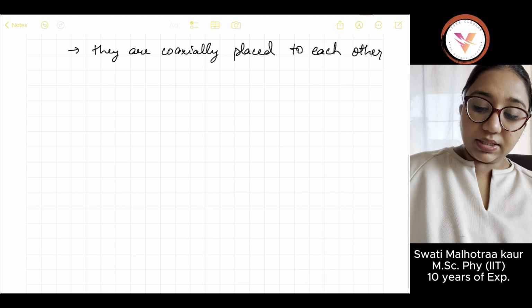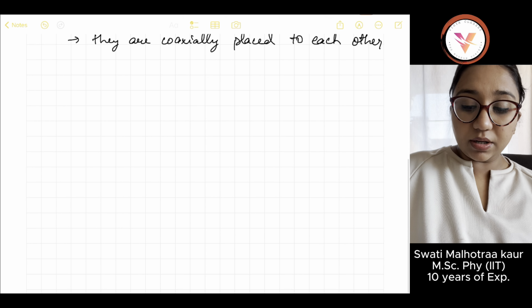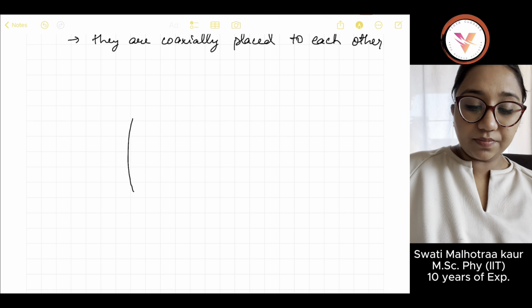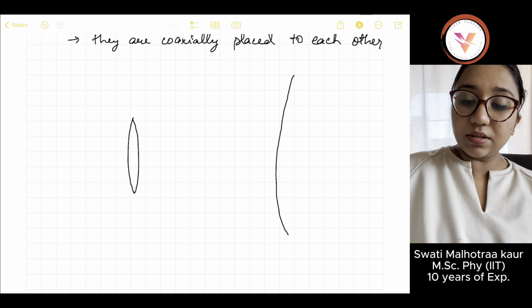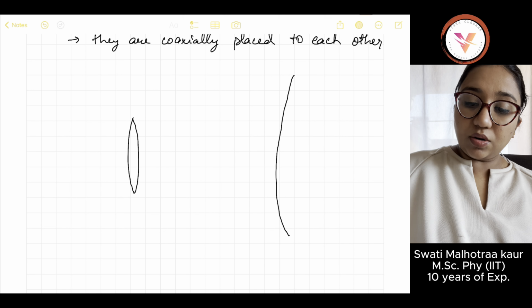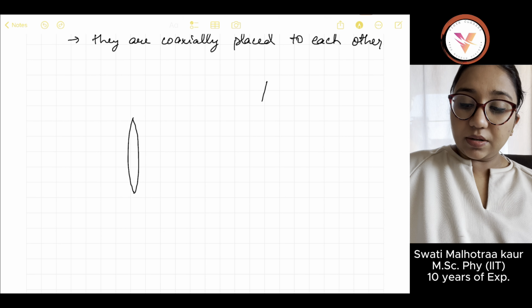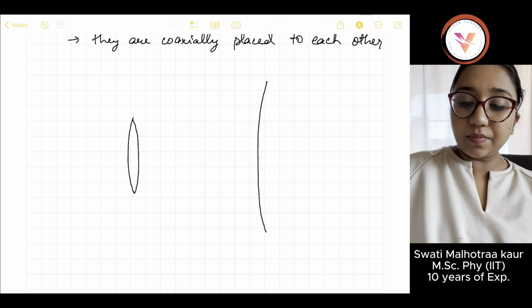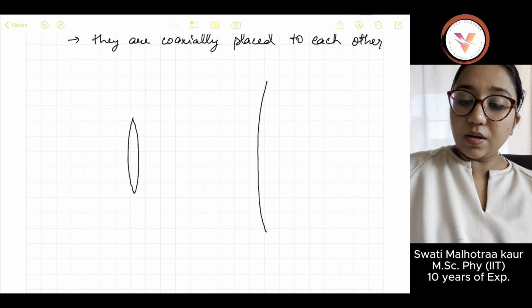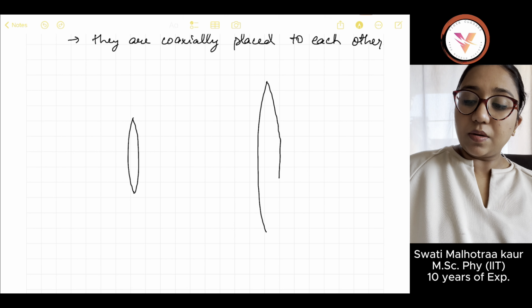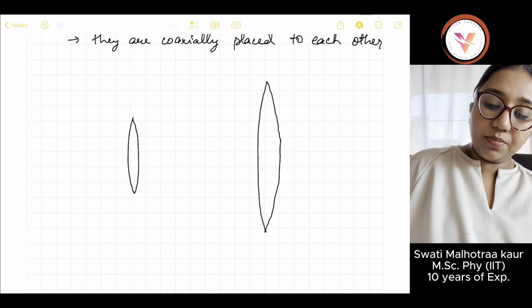So now consider its ray diagram, which is very important. Consider an objective lens and an eyepiece. Eyepiece is definitely bigger than objective. Okay, now this is the principal axis.